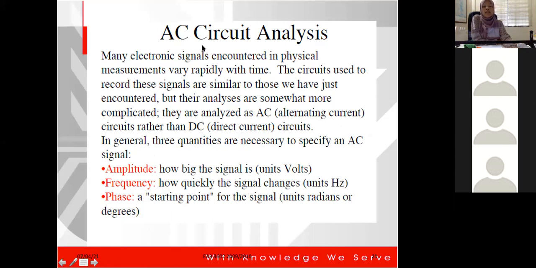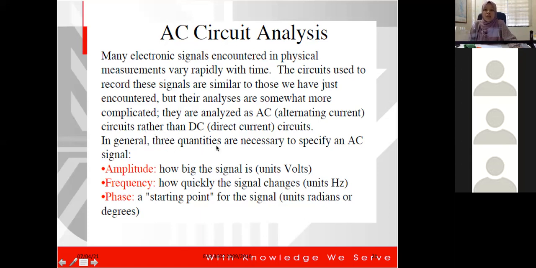Bila alternating current means the power supply yang provide the current tu is alternate, atau AC punya source. Many electronic signals encountered in physical measurement vary rapidly with time. The circuits used to record these signals are similar to those we have just encountered, but their analysis is somewhat more complicated. They are analyzed as AC circuits rather than DC circuits.